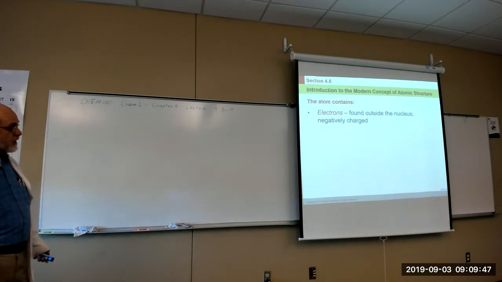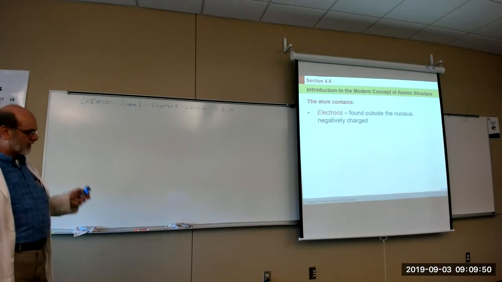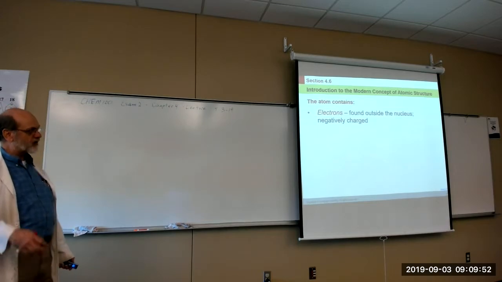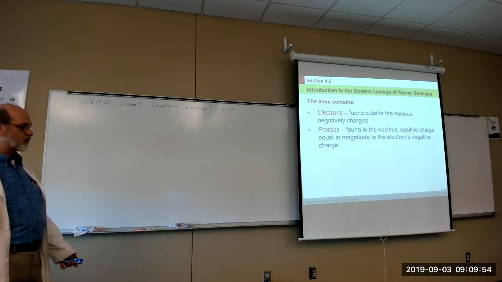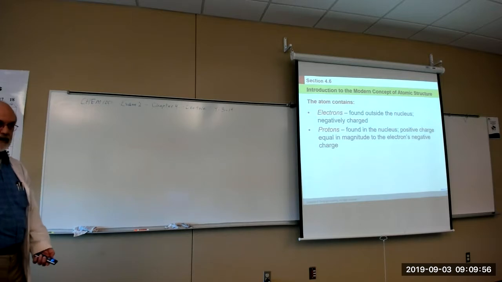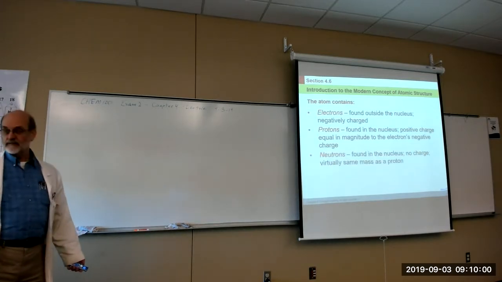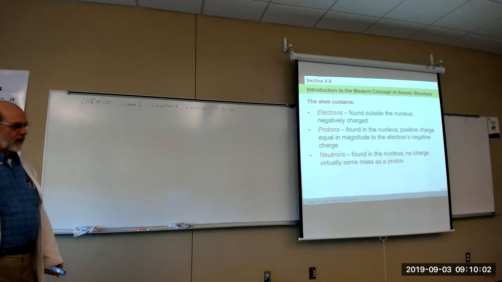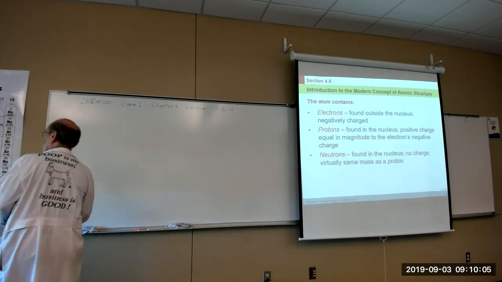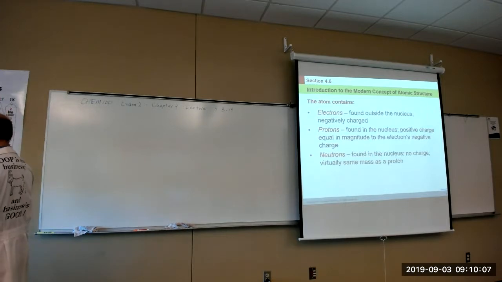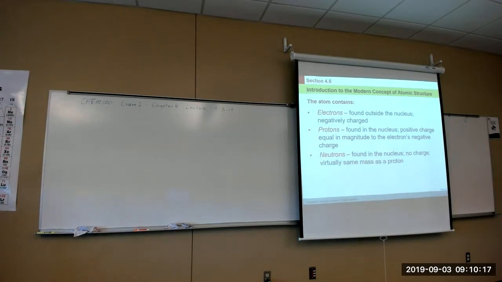Okay, so now we know that electrons are part of the atom, and they're outside the nucleus, negatively charged. Protons reside in the nucleus. They're positively charged, and they're accompanied by neutrons in the nucleus. So the most common nuclei for our elements are going to have, in the neighborhood of, a neutron for every proton, up to a certain point.